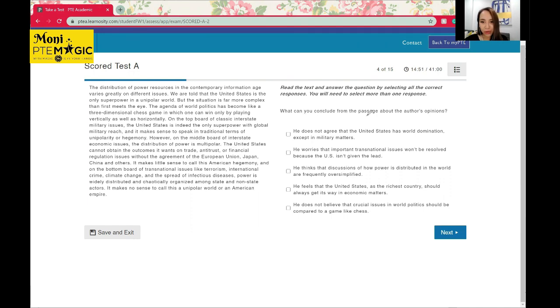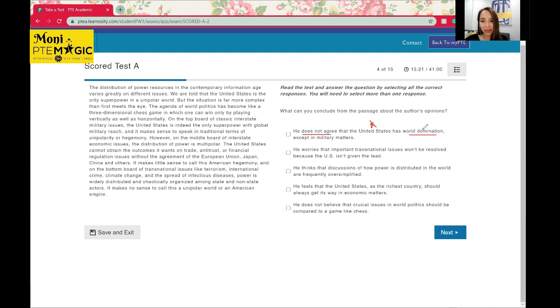What can you conclude from the passage about the author's opinion? Okay, it's very general. So normally if it's general, then it must be something in the beginning or at the end. But I can see that the text is pretty long. Okay, let's go through the options. He doesn't agree that the US has world domination except in military matters.